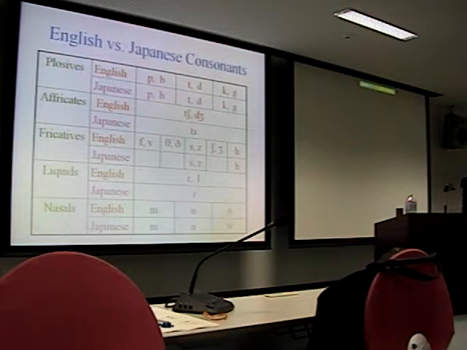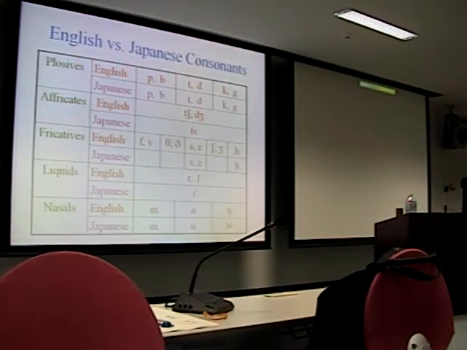And then as for affricates, English has two affricates, ch and j, and Japanese has only one affricate, ts, but this is pronounced as chi in front of the vowel e. And also the initial z, Japanese z, is often pronounced as j, an alveolo-palatal affricate, which is voiced.